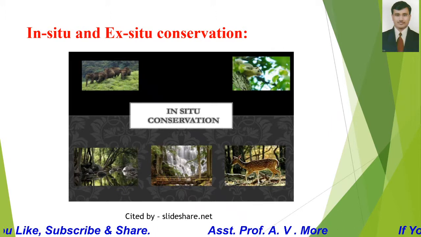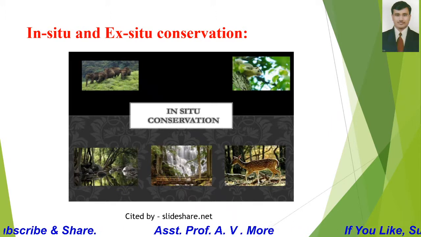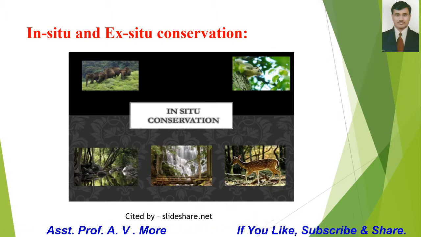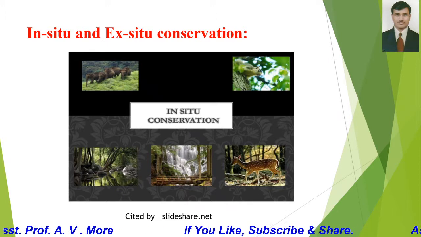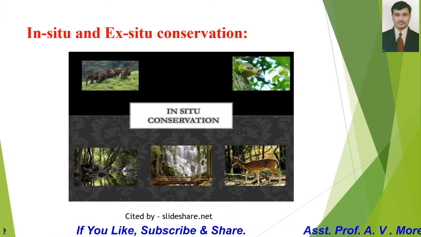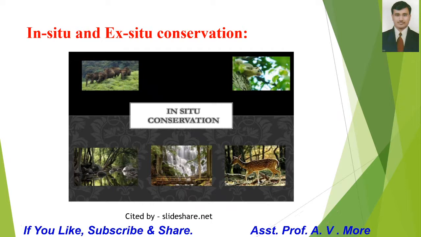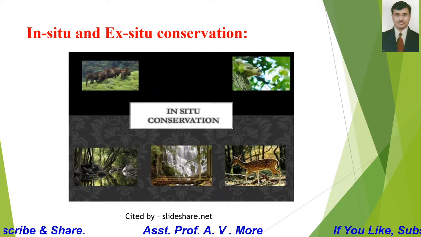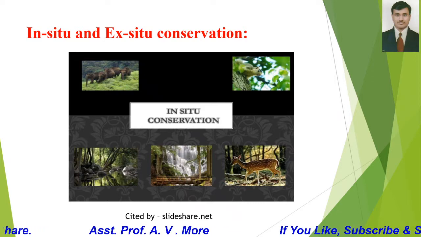This is the basic concept of in situ and ex situ conservation. So, friends, in situ means on-site conservation, and ex situ means off-site conservation. In on-site conservation, species are preserved in their natural habitats, and ex situ means species are conserved outside their habitat.